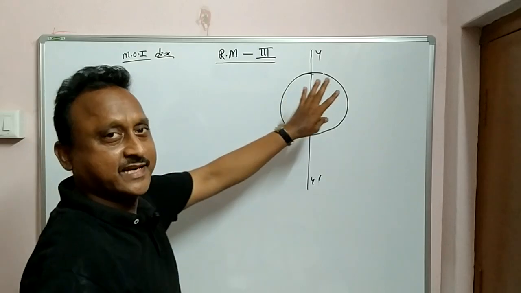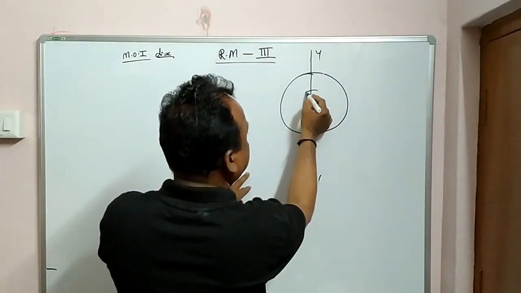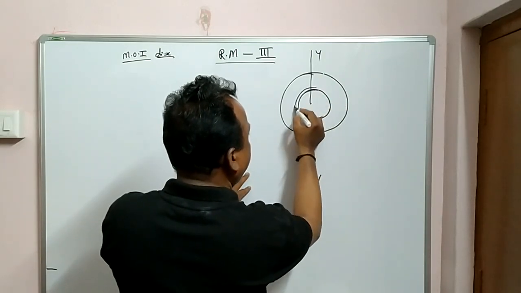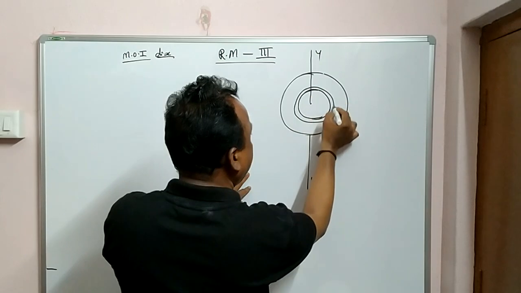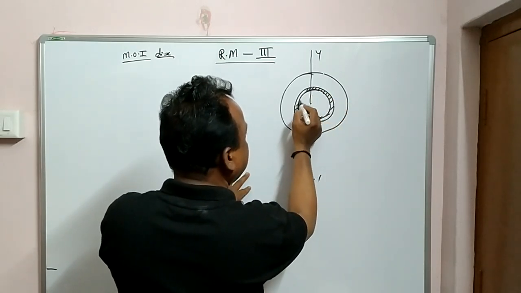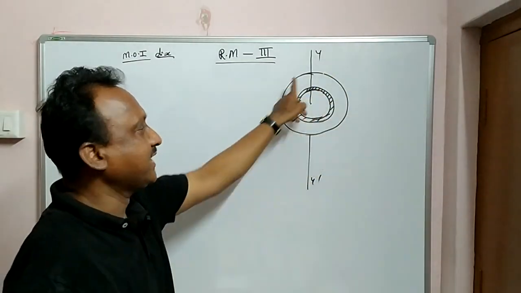What I will do is make the disc into small rings. A disc is nothing but small rings; when you pile up such rings, you will get a disc.